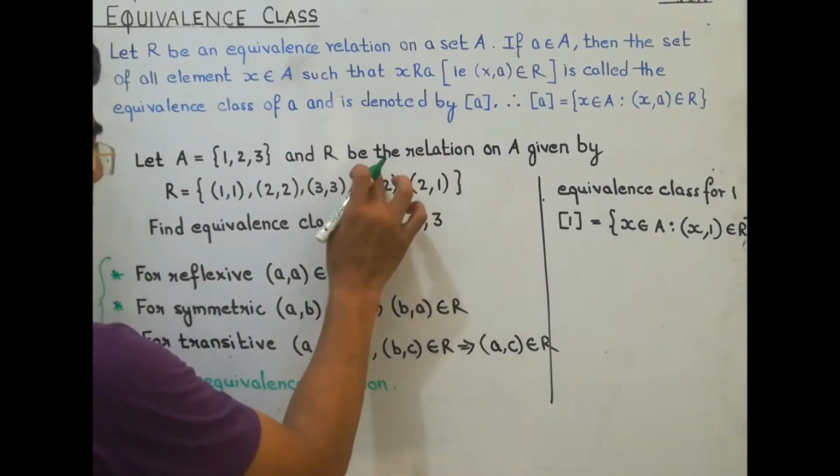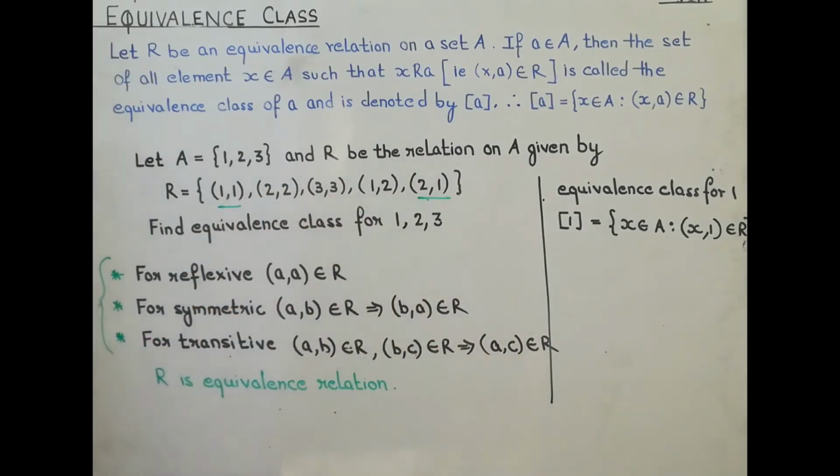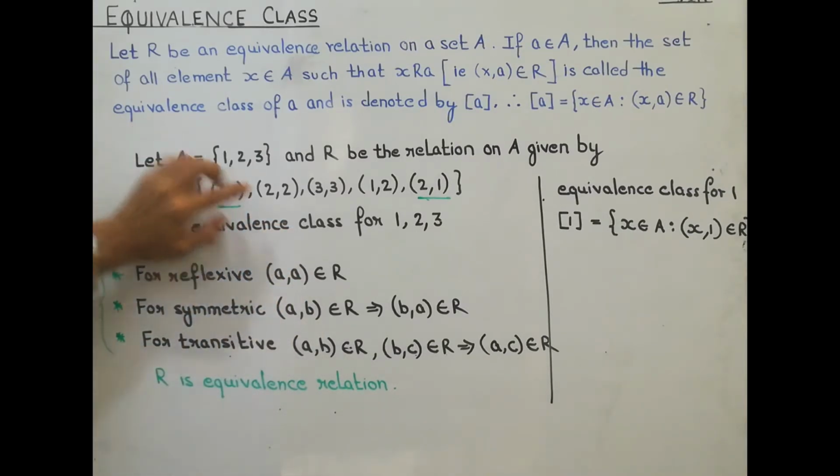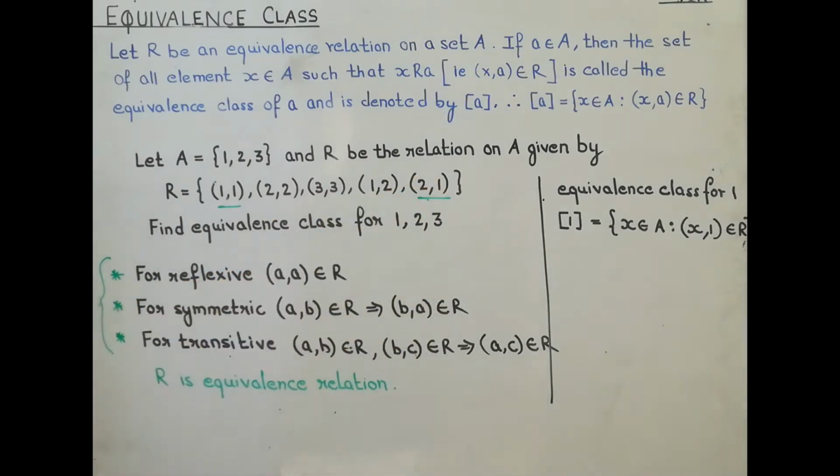See here, this is x comma 1, x comma 1. So you will pick out all the ordered pairs from this relation which have the second element as 1, because you are finding the equivalence class for 1.